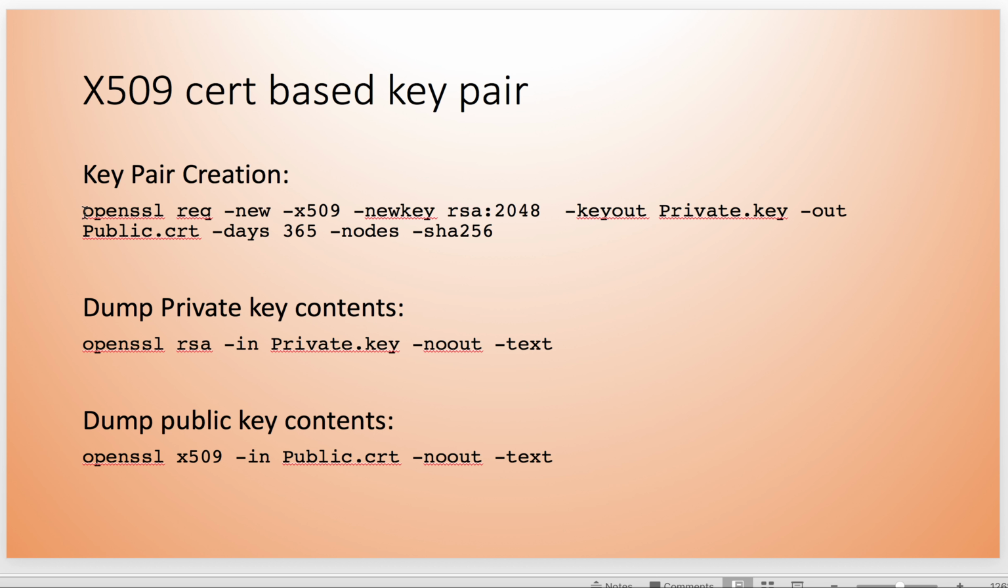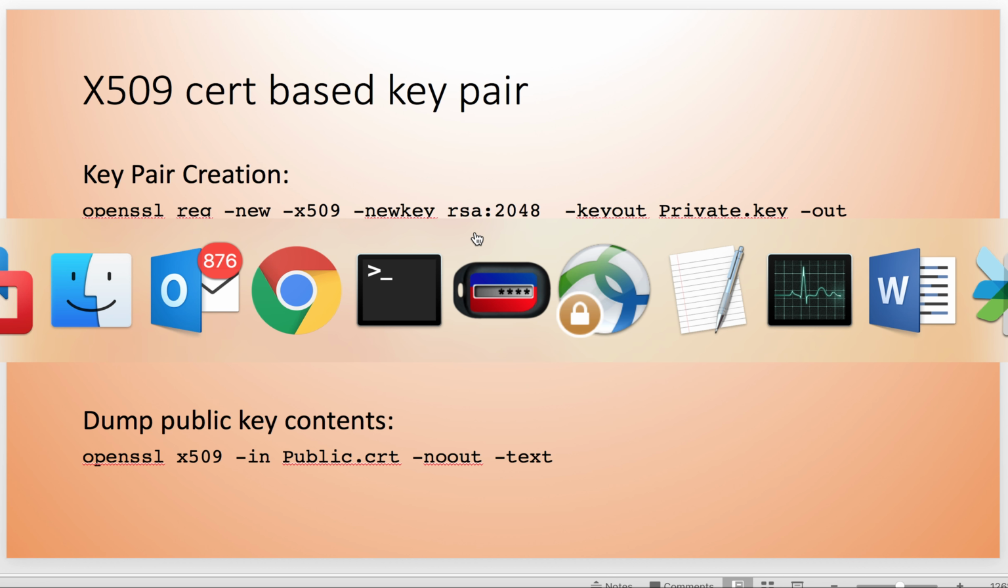OpenSSL is a command where you request a new key embedded in an X.509 certificate with the key size 2048 bits, and my private key is stored in this file, and my public key is stored in public.crt, and I want my certificate, or my keys, to be valid for 1 year, 365 days, and the hashing algorithm used will be SHA-256. So we'll run this command and see what happens.